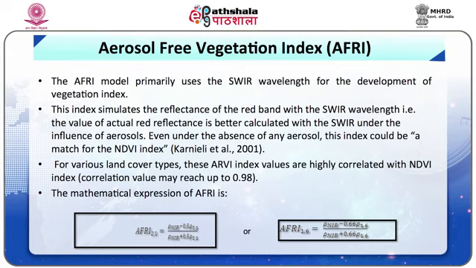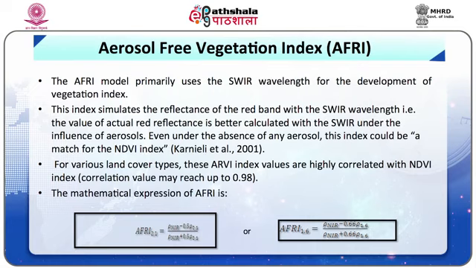This is because the wavelength is much larger than the radius of most aerosols, except for very large dust particles, which allows it to be more capable of circumventing the suspended particles. This index simulates the reflectance of the red band with the SWIR wavelength, that is, the value of the actual red reflectance is better calculated with the SWIR under the influence of aerosols. Even in the absence of any aerosol, this index could be a match for the NDVI.